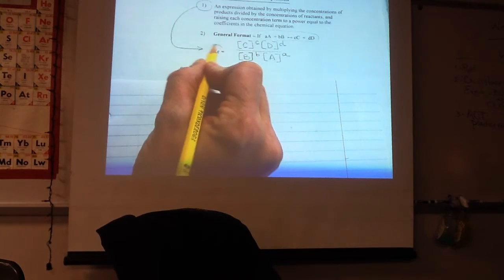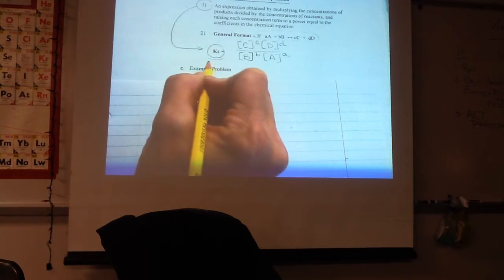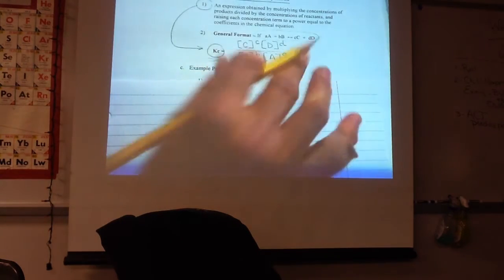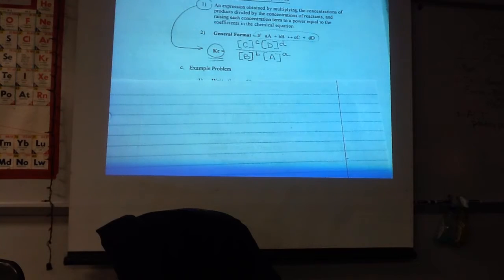So the general format, and for pretty much all of the Ks, it takes on this same format. Concentration of the products raised to the power of moles over reactants raised to the power of the moles.